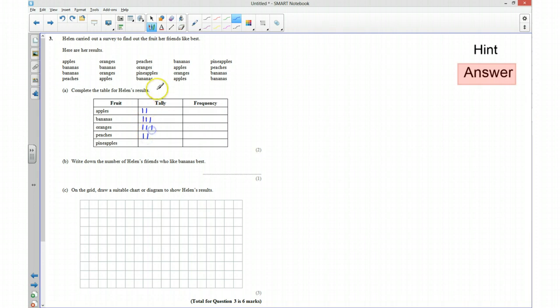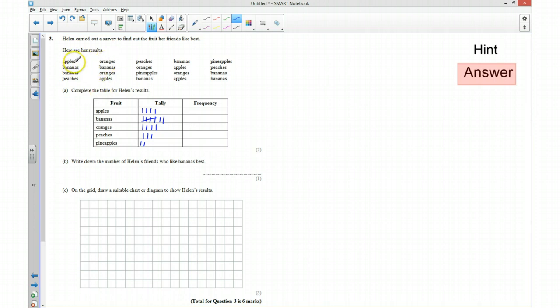Bananas, apples, oranges, apples. And then finally pineapples, peaches, bananas, bananas.